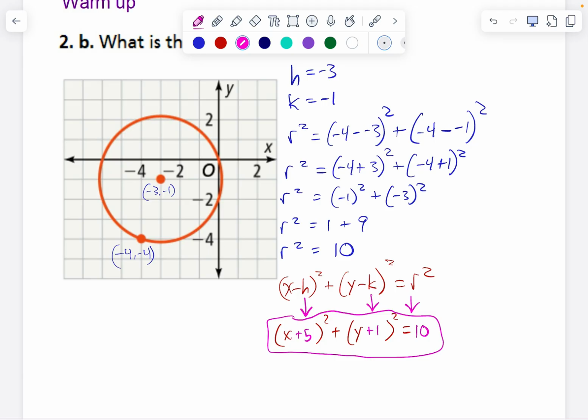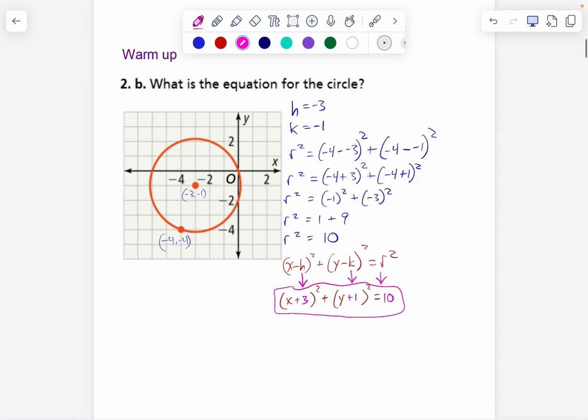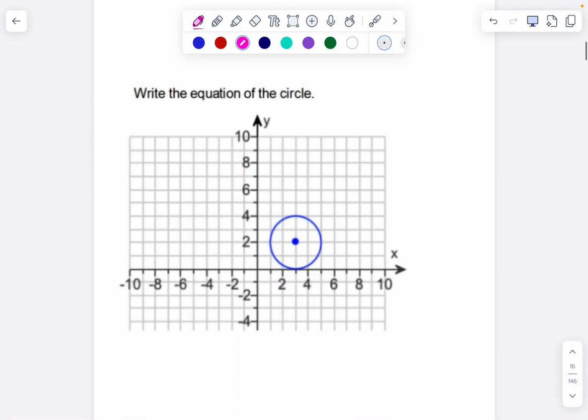Okay? But r squared is 10, so radius is square root of 10. Are we good on that? Good. All right, last quick thing.